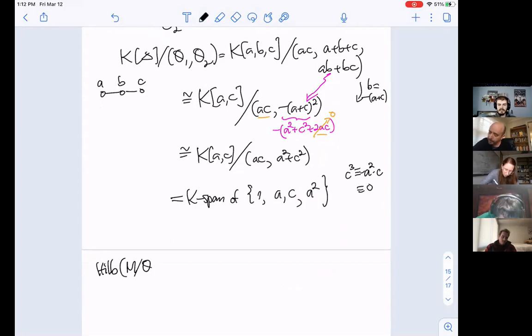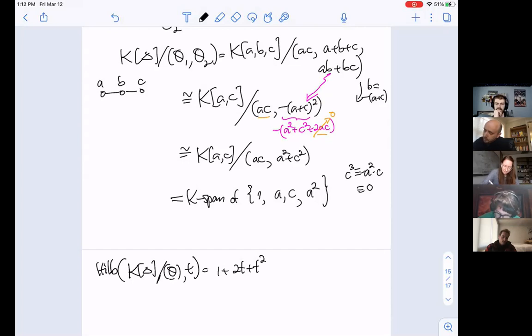I wrote M, but I want to say the Hilbert series of the quotient is 1 plus 2t plus t squared, right? Because this was degree 0, this is degree 1, this is degree 2: 1-dimensional, 2-dimensional, 1-dimensional. So that's the Hilbert series for the quotient. 1, 2, 1 are the coefficients.